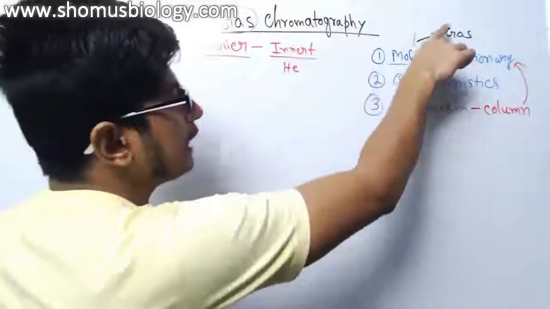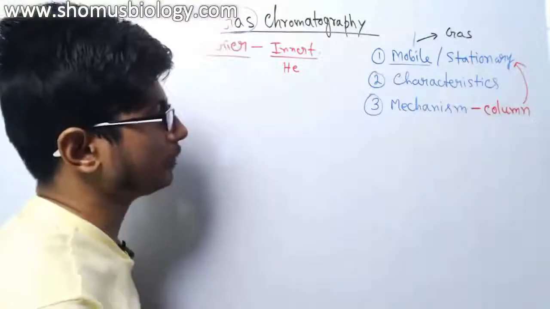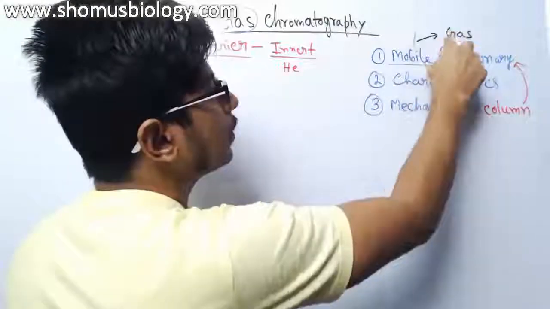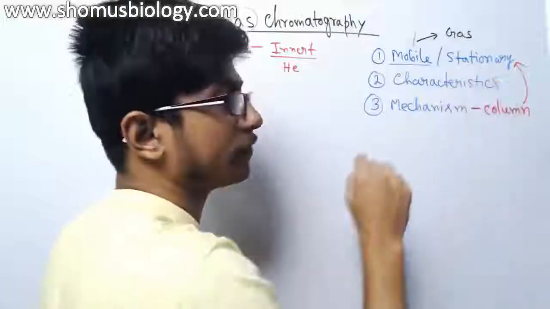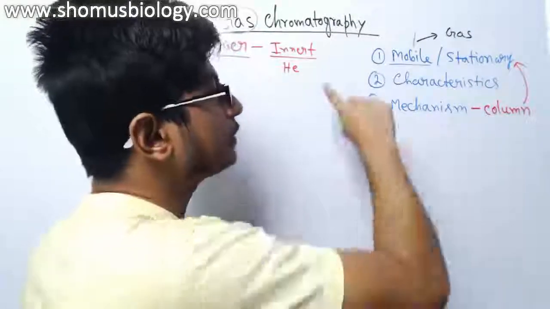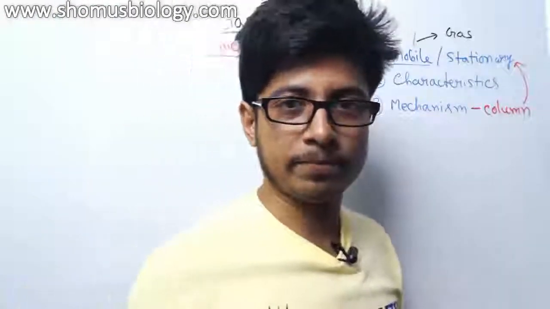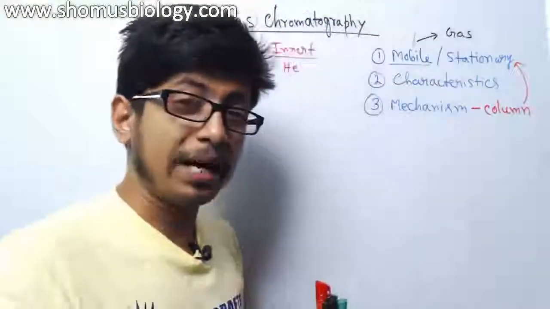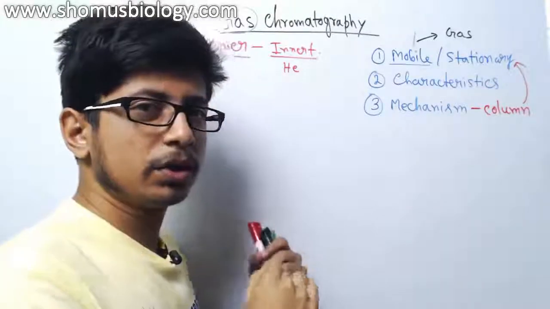So the idea is this gas will move through the stationary phase present in the column, and there will be interaction of this gas containing all the chemical molecules with the stationary phase, and this interaction will help these molecules to be properly separated from each other. That is the idea. And what exact mechanism they follow to separate, we will talk about in a few minutes.